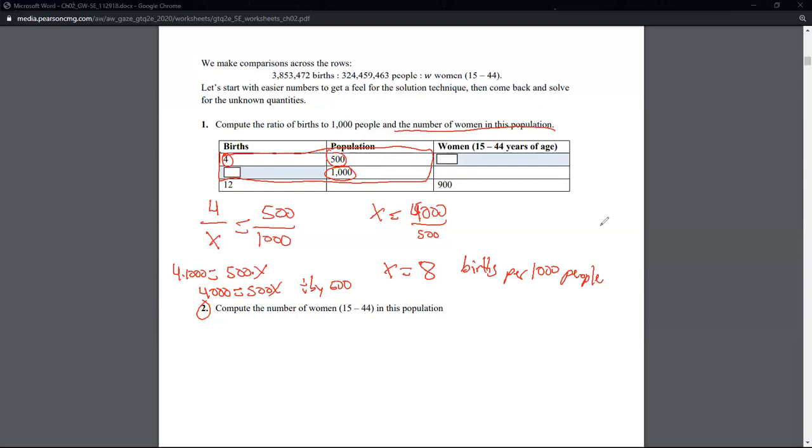Let's pay attention to how these numbers changed because it's going to be the important aspect as we go forward. 4 births when the population was 500, 8 births when the population was 1,000. The 4 versus the 8, it seems like it doubled. 4 went to 8. The 500 versus the 1,000, it seemed like it doubled. That is exactly what's happening here.